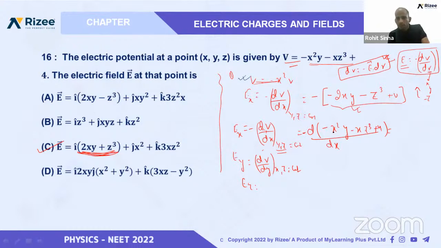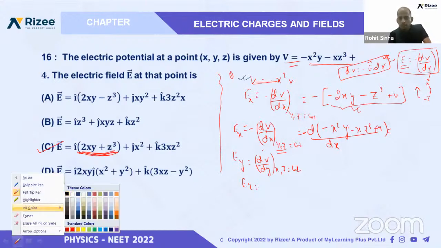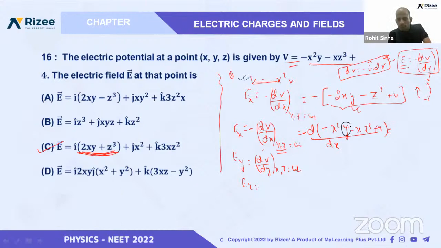Y is considered as constant, so it will come outside, and we get the differentiation of x square, which is 2x. The minus sign is present outside here, you can see.